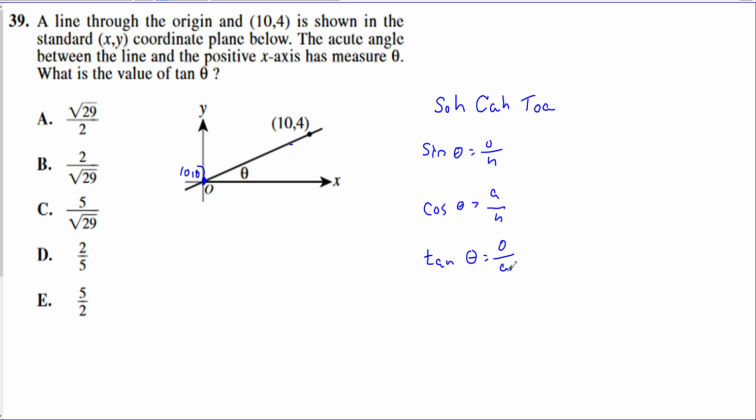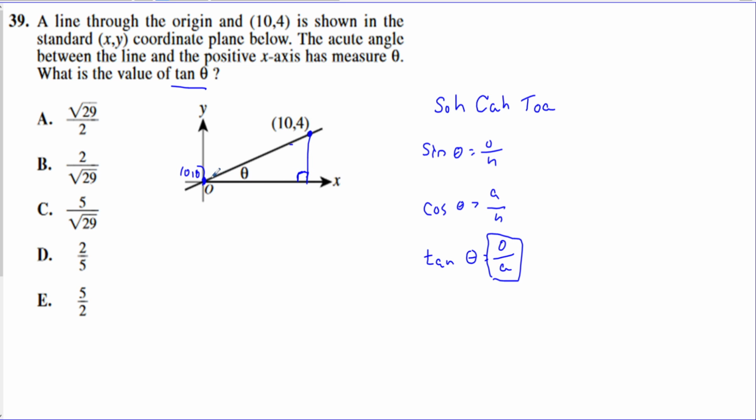If they're asking for the value of tan theta, I'm going to ask what is opposite theta over adjacent to theta. I'm going to set up that fraction, and all my answers over here are fractions. Let's make a triangle by taking this point up here and drawing a straight line down at a right angle, and I make this nice triangle.